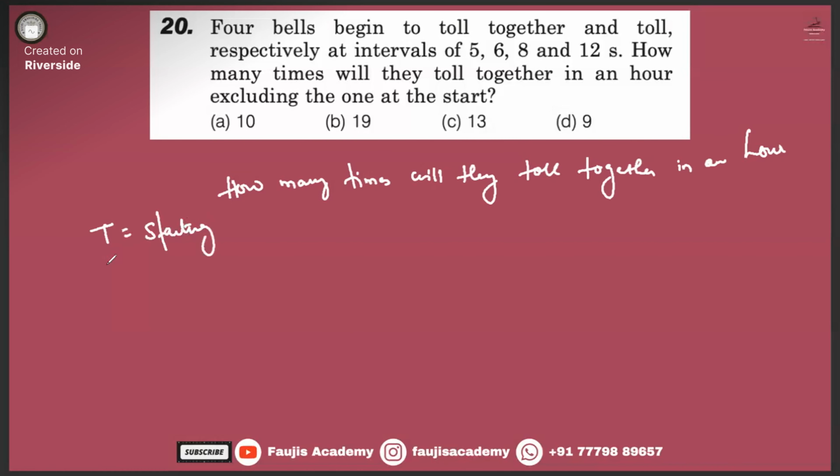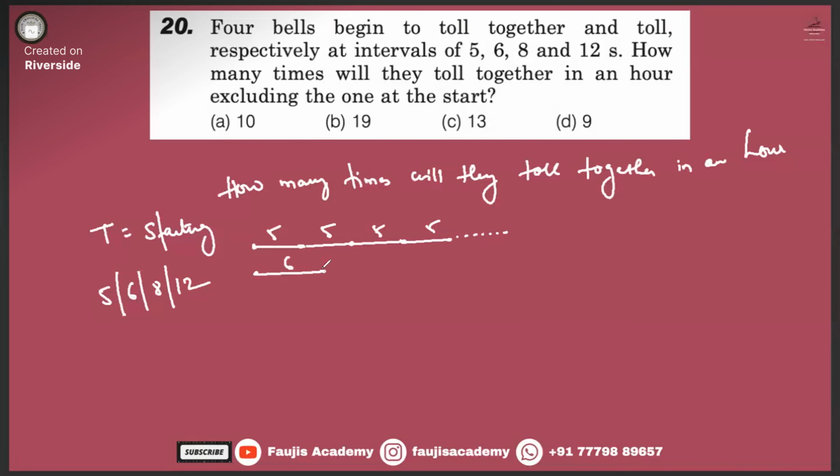At the starting point, all these 4 will toll together, right? The first one will toll after 5 seconds, then another 5 seconds, then another 5 seconds, and it will just go on like this.